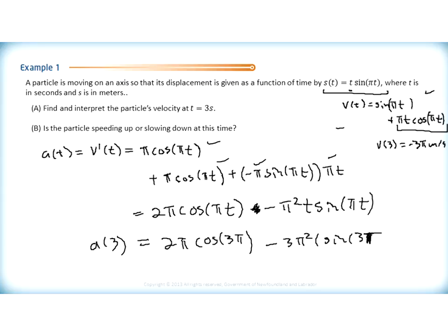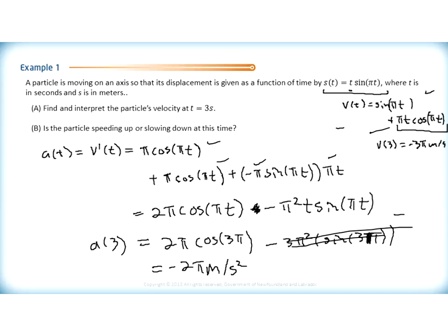Sometimes the hand and the mind are not doing the same thing. All right, so what's that going to give us? 2 pi times cosine of 3 pi. Well, we already said cosine of 3 pi was negative 1, so this is negative 2 pi. And then over here, 3 pi squared times sine, which equals 0, is going to be 0. So we got negative 2 pi meters per second squared.